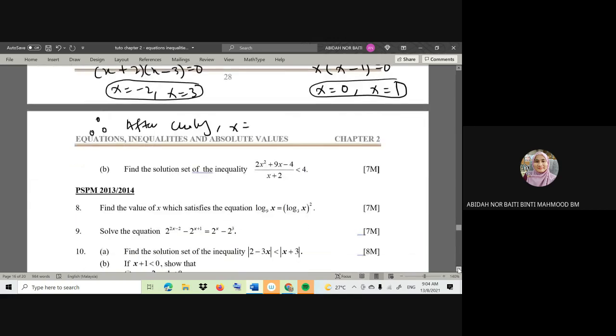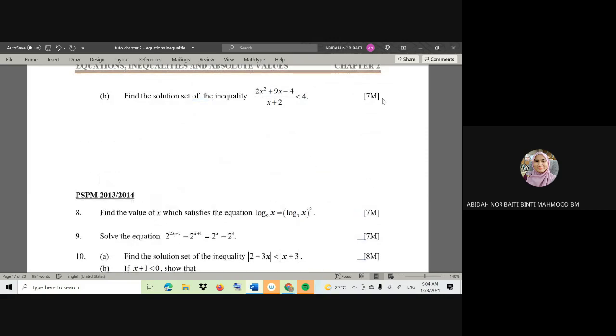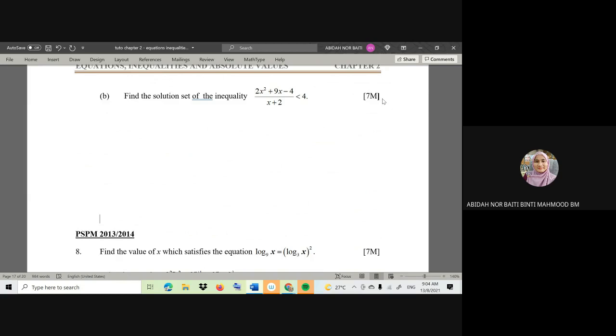Okay, for question B, this is a rational inequalities. Okay, for rational inequalities, we rearrange. Okay, rearrange and equalize denominator. Okay, equalize terus denominator. Over x plus 2, less 0. Okay. Then simplify your numerator. So we get plus 5x.